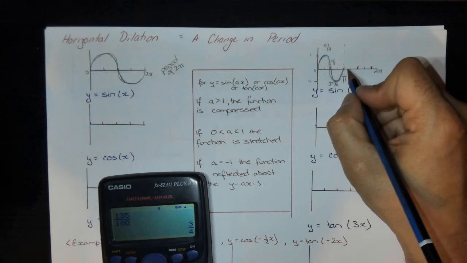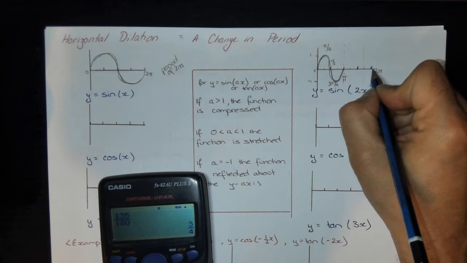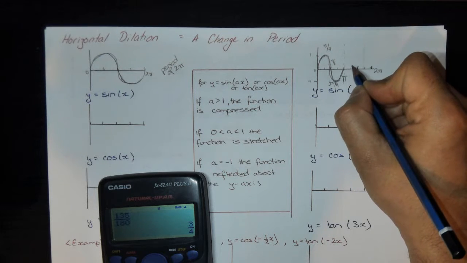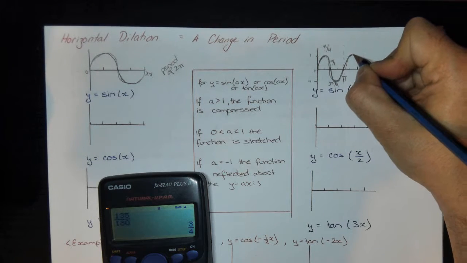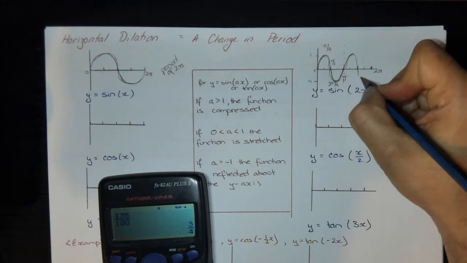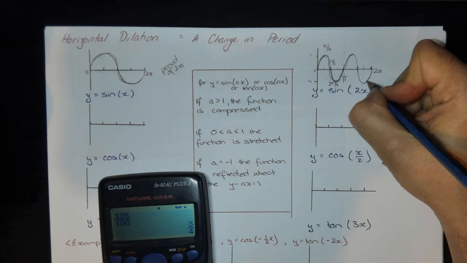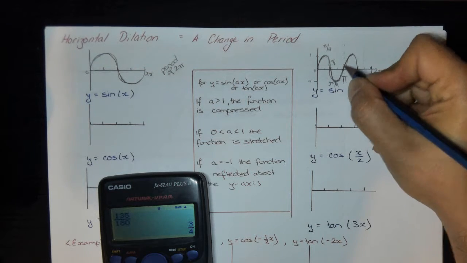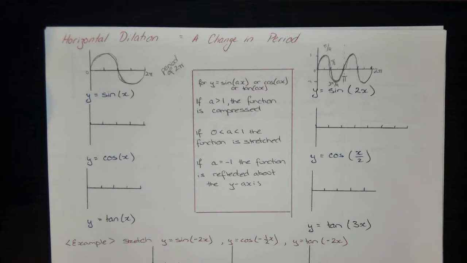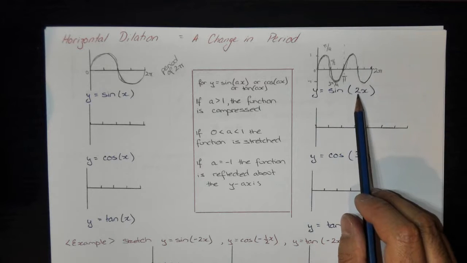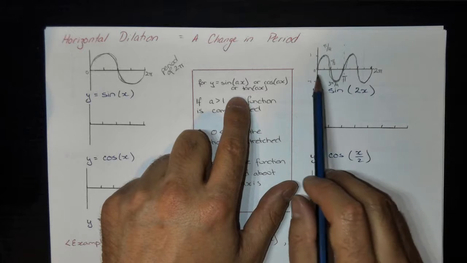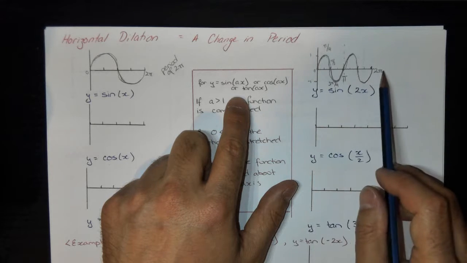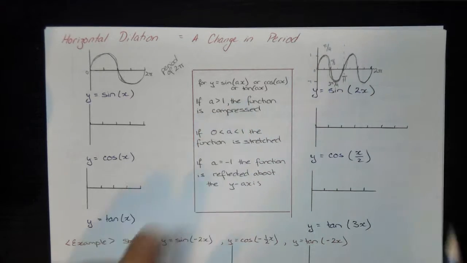Then it will repeat here again. So 2x means the period happens twice between 0 and 2 pi.